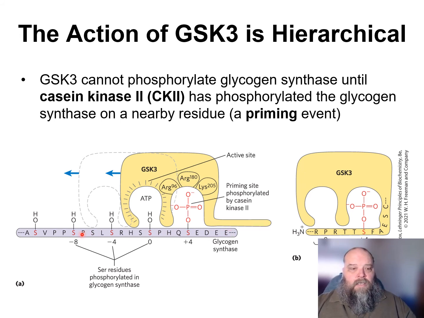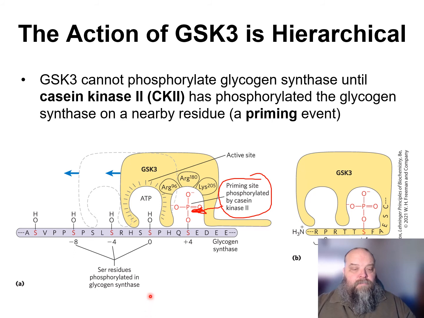Sequence of amino acids. GSK3 has two sites. One site is the active site. The other site is a priming site, or in my mind, a positioning site. CK2, as we see right here, laid down this phosphate group right there.